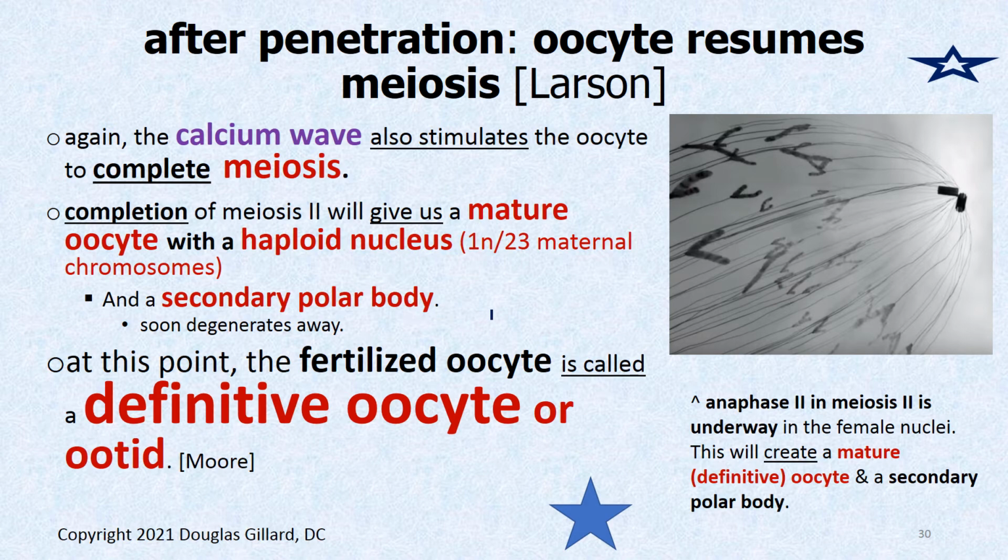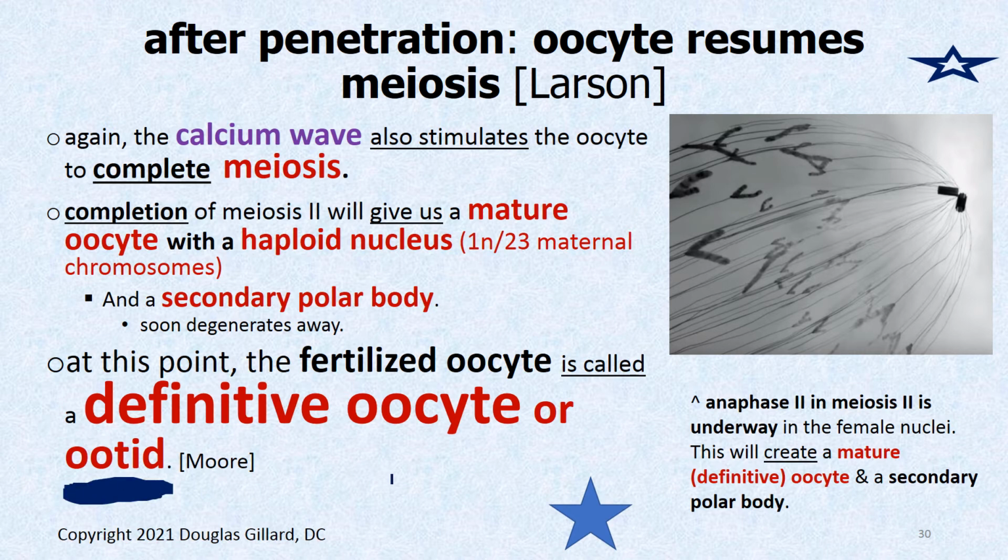And out of that nucleus we get another polar body, because the other one was degenerated away, and this one will degenerate away too. But our secondary oocyte with this new nucleus gets a new name, and it's called the definitive oocyte, or ootid. So that's an important concept.